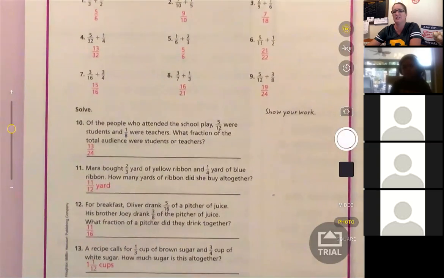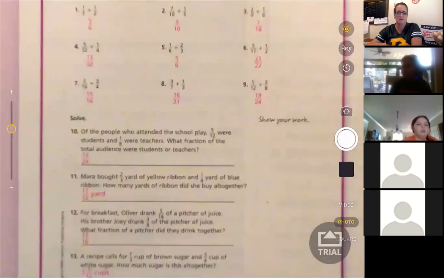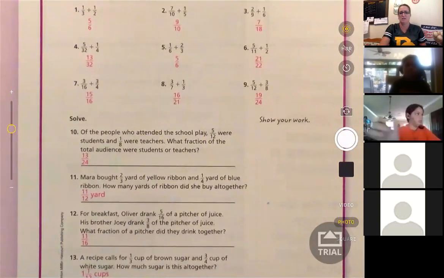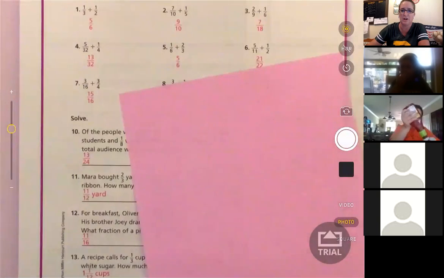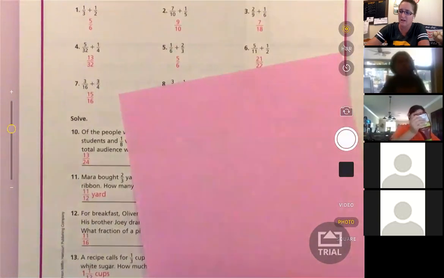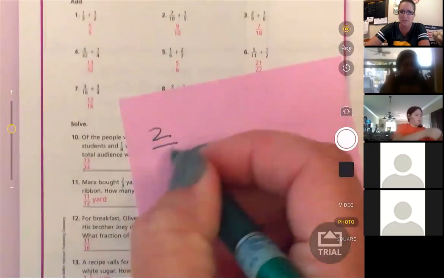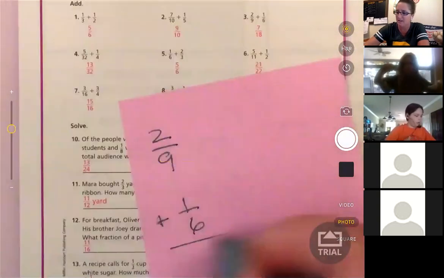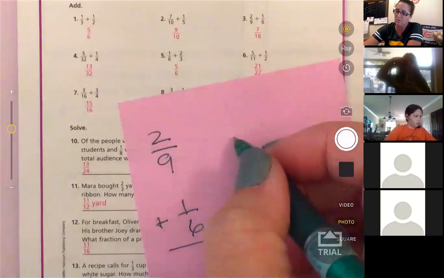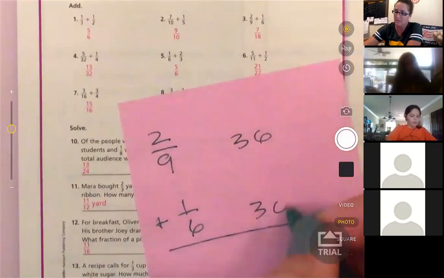I emailed you yesterday and you said that 36 worked. 36 works for a denominator. Let's see what it would be. 2/9 plus 1/6. It might be 10. We want 36 as our denominator, right?